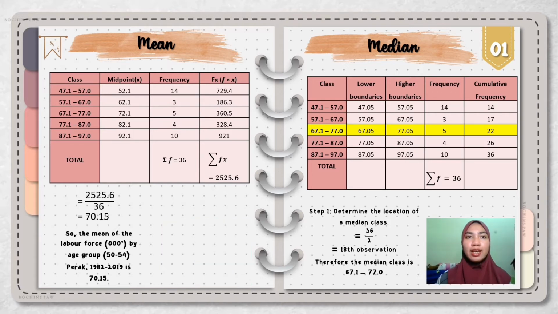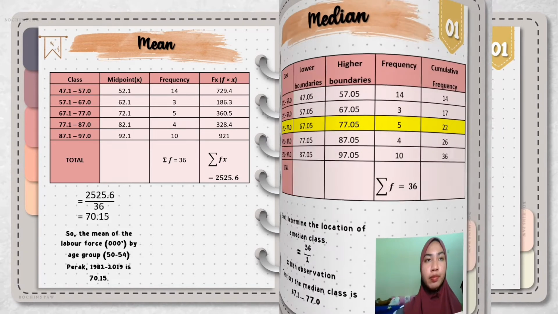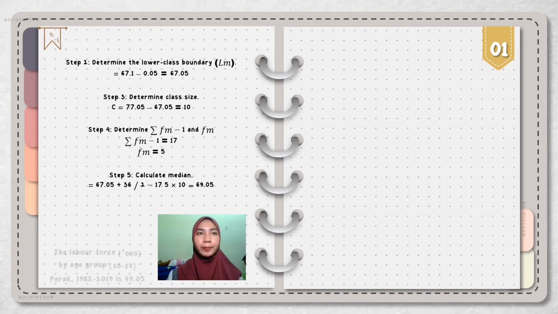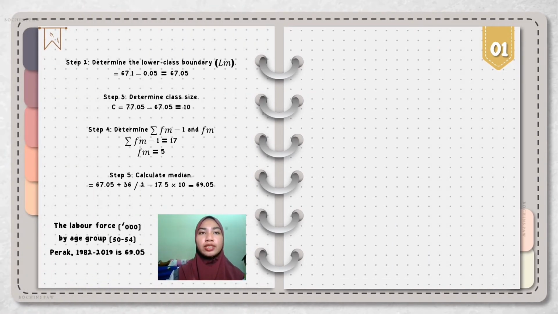For the median, first order the numbers from smallest to largest, then find the middle number. So, for the labor force by age group 50 to 54 Perak from 1982 to 2019, we got 69.5.